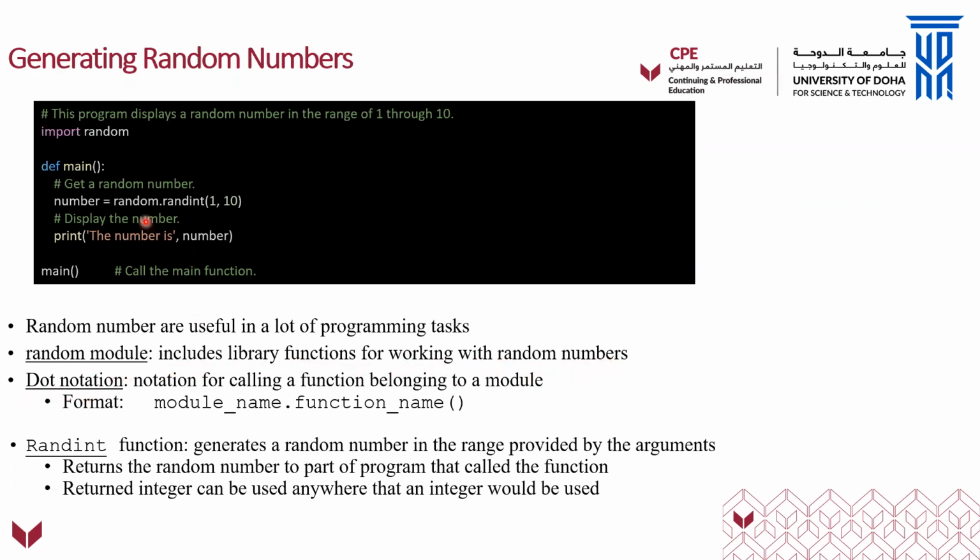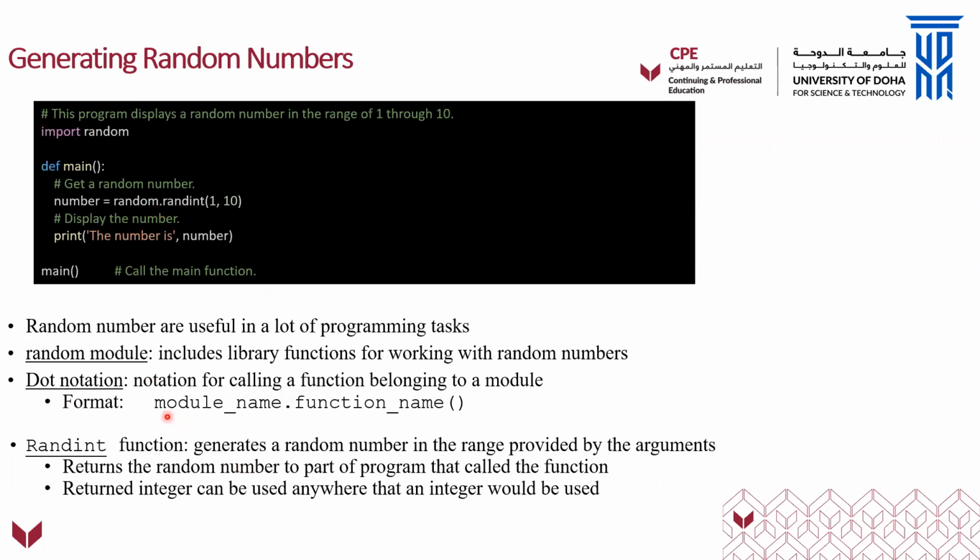Dot notation, which is the dot symbol coming after random and before the function name, randint. What is dot notation? Notation for calling a function belonging to a module. So if you want to call the function randint, which exists in the module random imported over here, you have to use the dot notation.